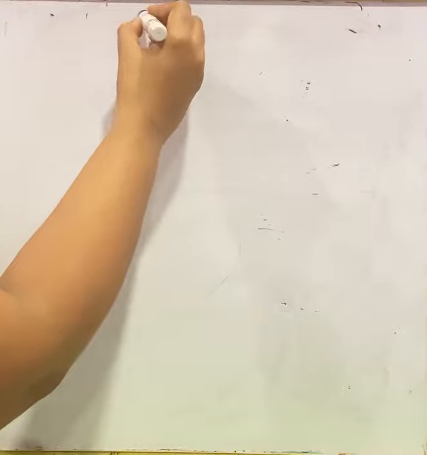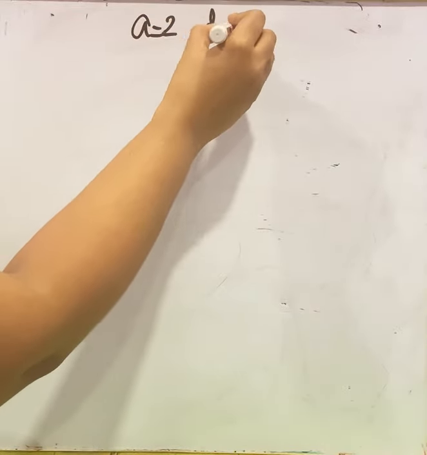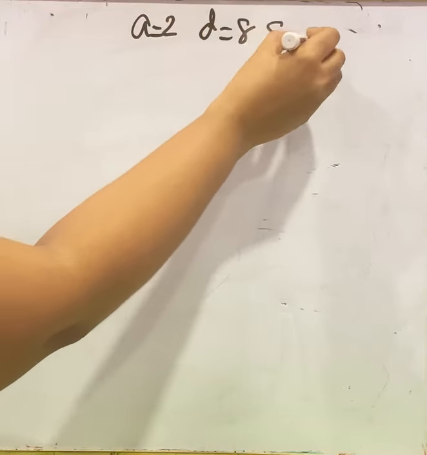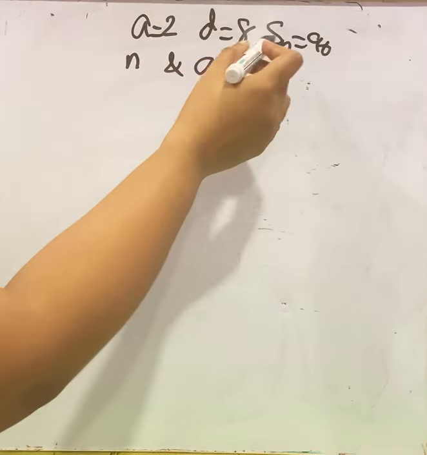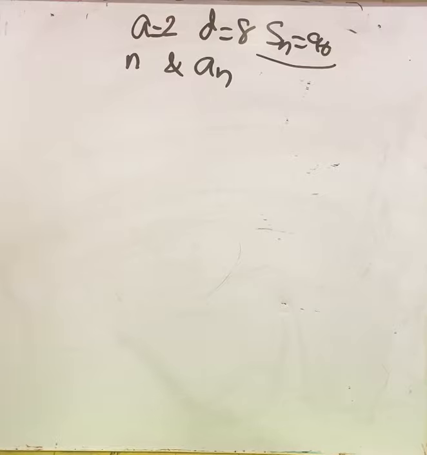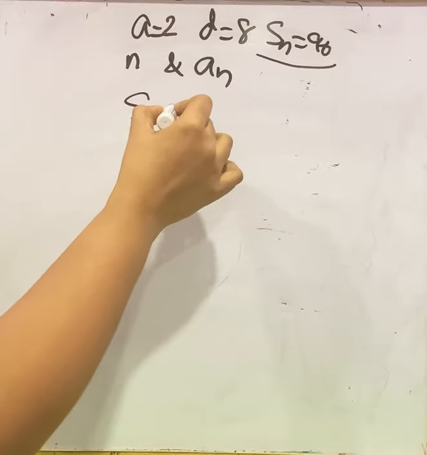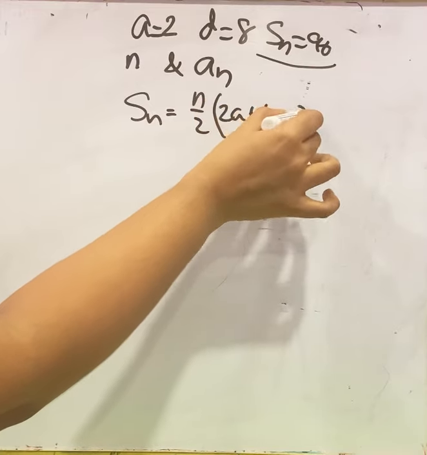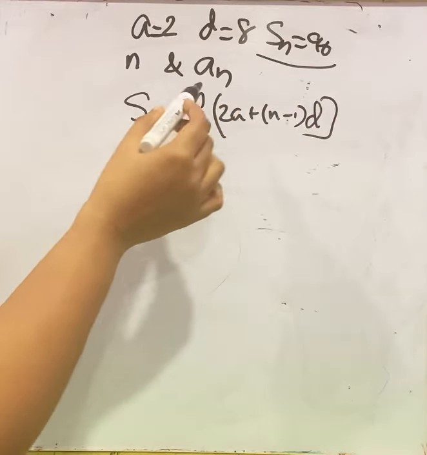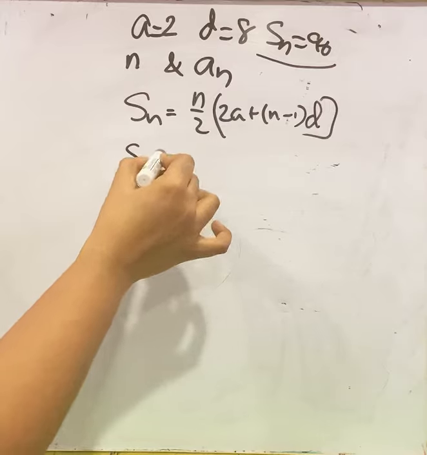Next, a equal to 2, d equal to 8, Sn equal to 90. Find n and an. Here first we will consider the sum of n terms in an AP, that is Sn equal to n by 2 into 2a plus n minus 1 into d. Now Sn, we don't know n.